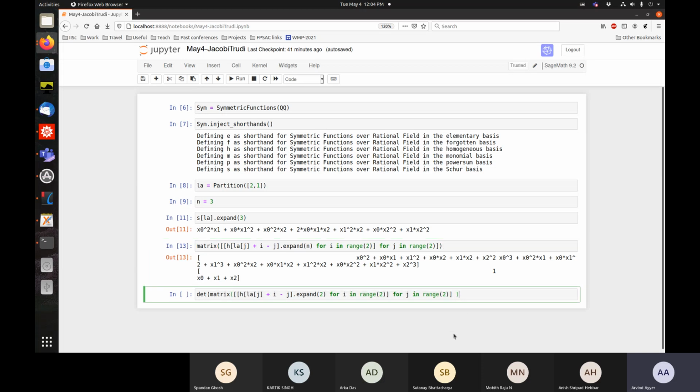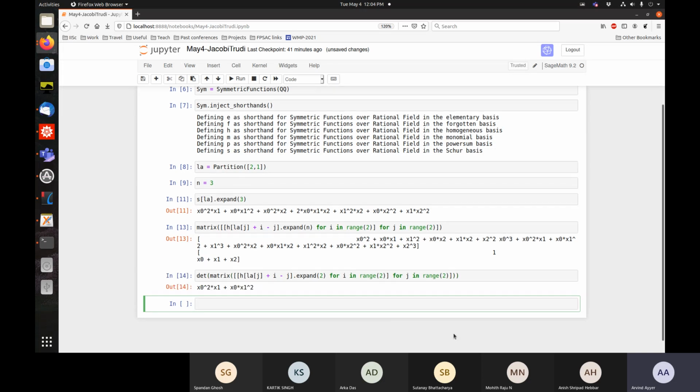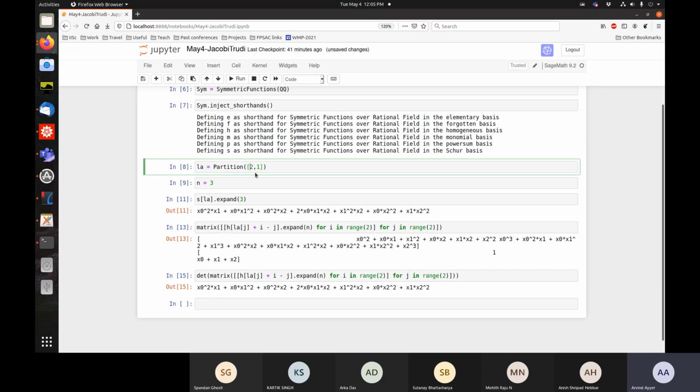So this is for the matrix and this is for the determinant. I should have done m, and I get the same. You can change the partition if you like. And okay, I can do something larger.